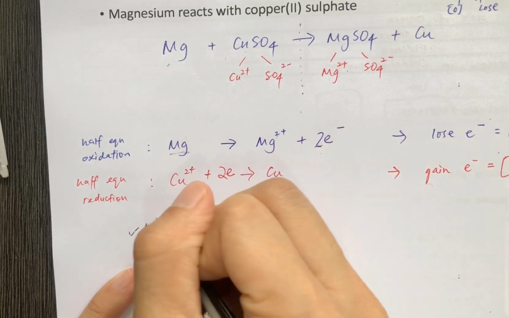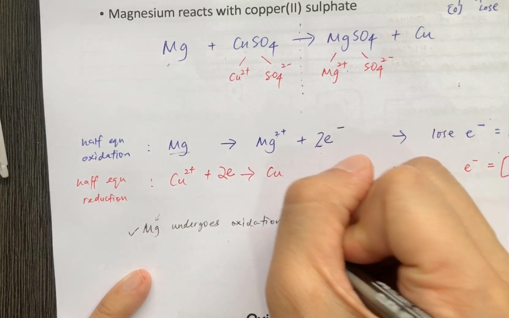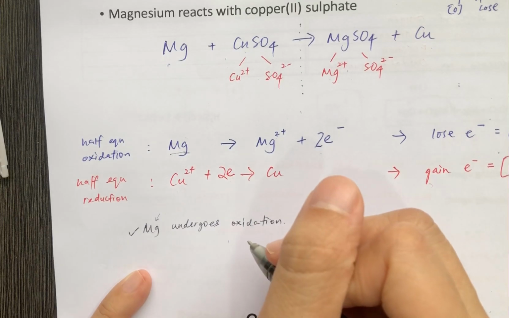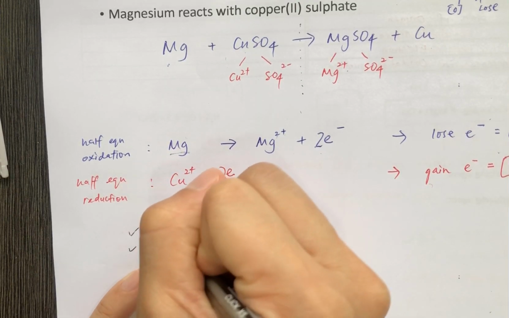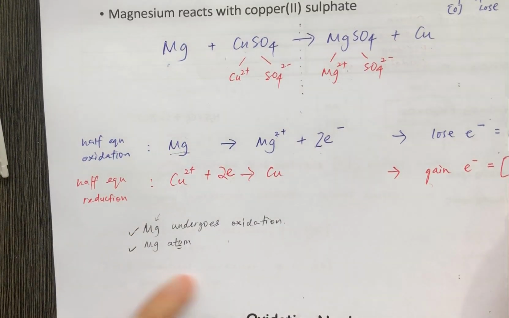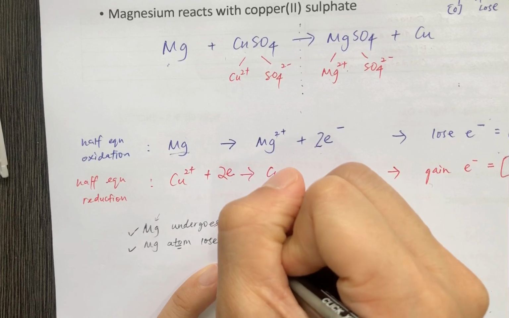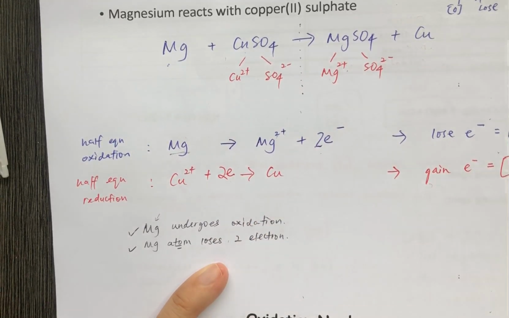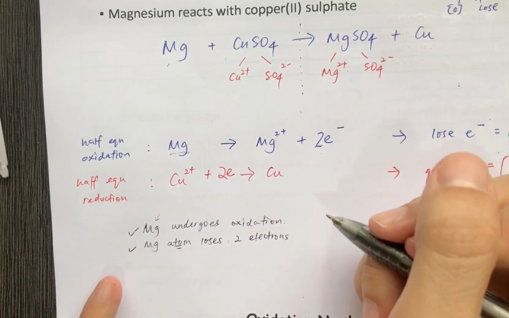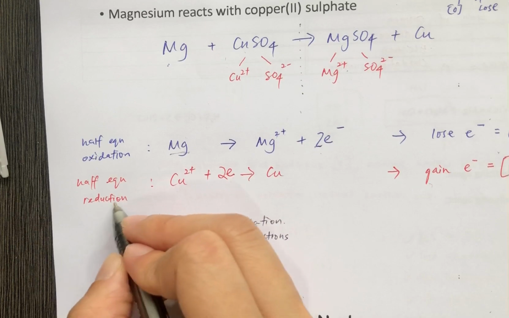In the exam, write in full words. Why? Because the magnesium atom, you must have the word atom, loses 2 electrons.